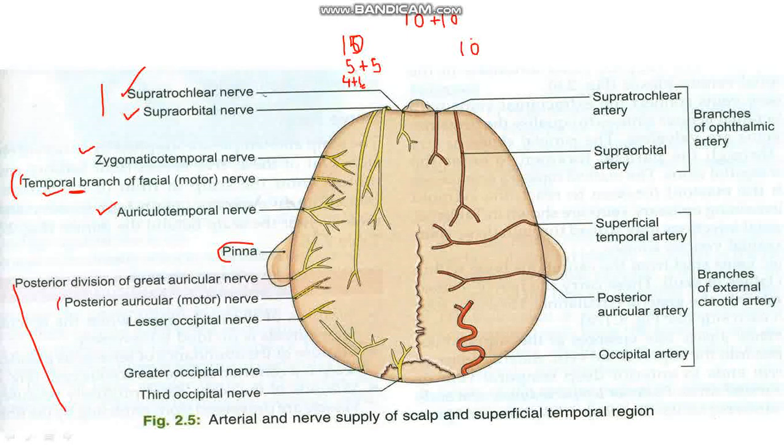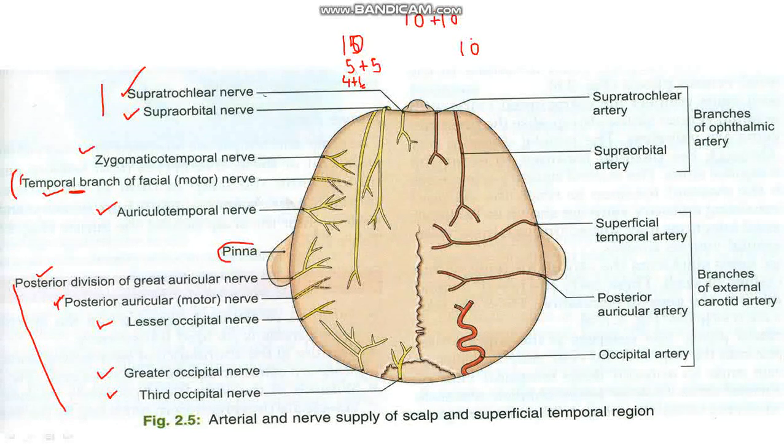On the posterior aspect, behind the pinna, the nerves are the posterior division of the great auricular nerve, posterior auricular nerve, lesser occipital nerve, greater occipital nerve, and third occipital nerve. Of these 5, one is motor.